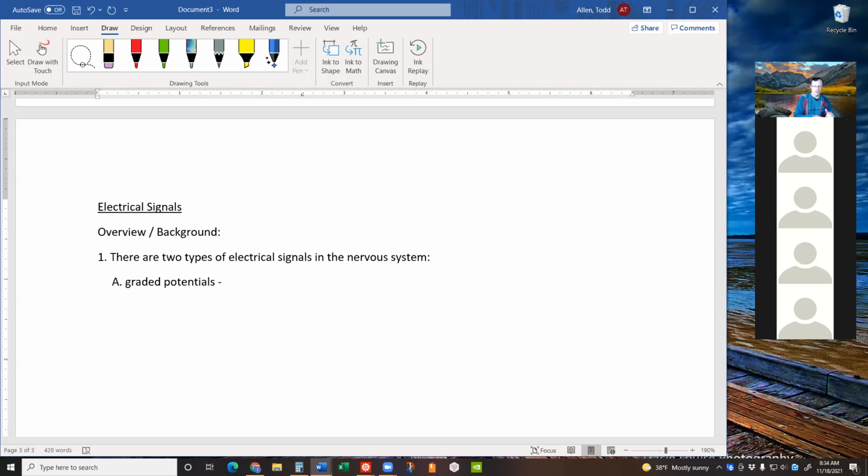Now, when we say a graded potential, we're talking about an electrical signal that is used for very short distance communication. And by short distance, I'm talking about a couple millimeters. Hopefully you're a little bit familiar with the metric system.